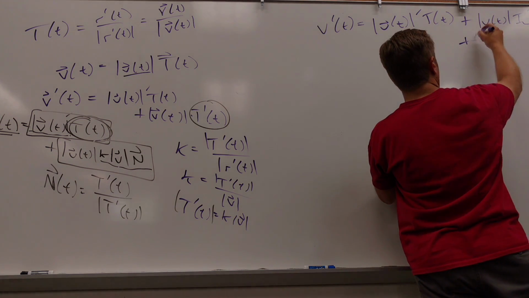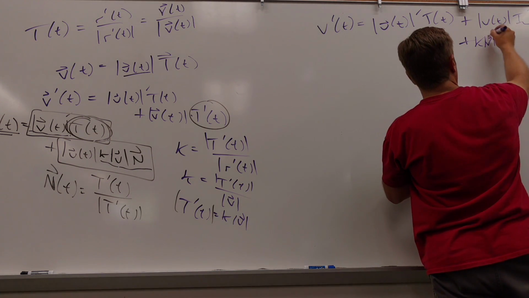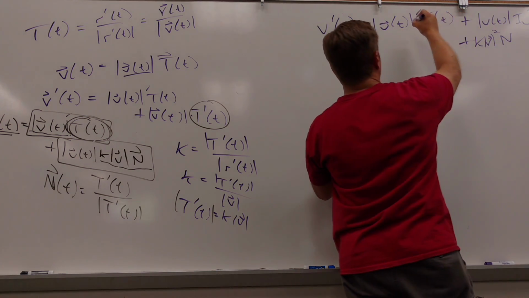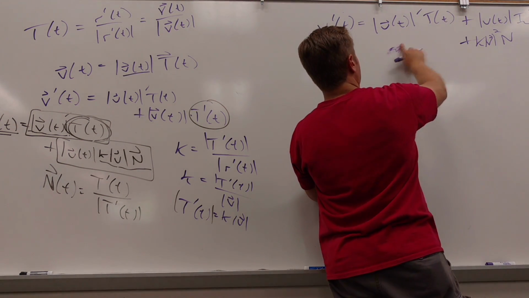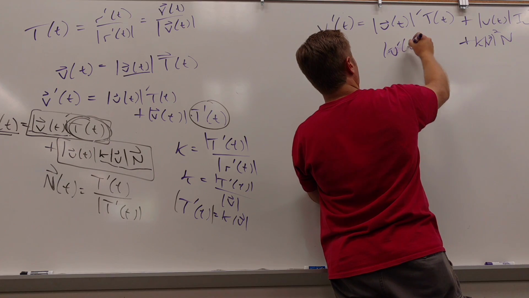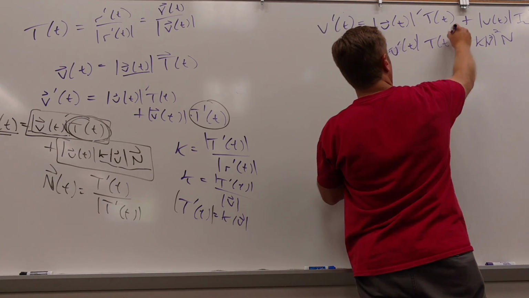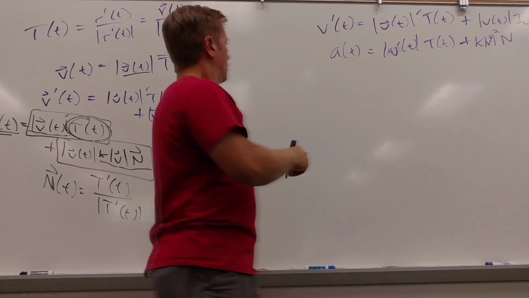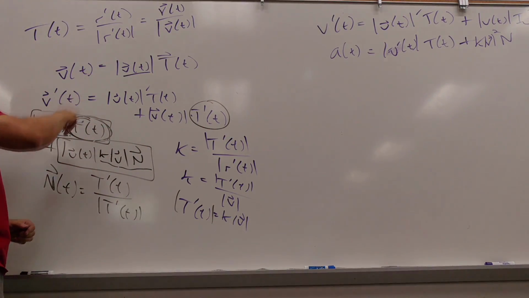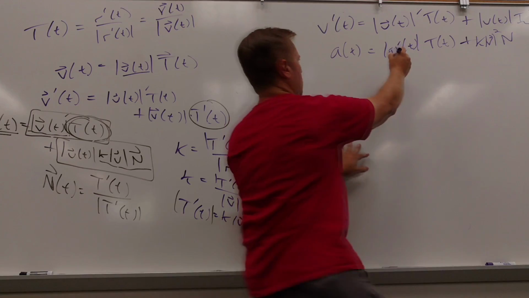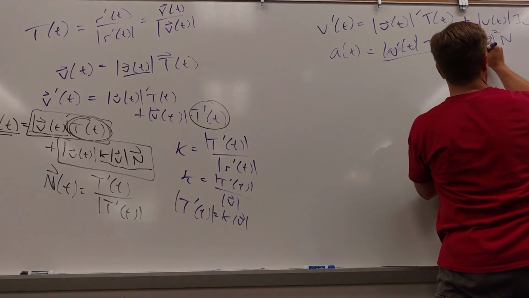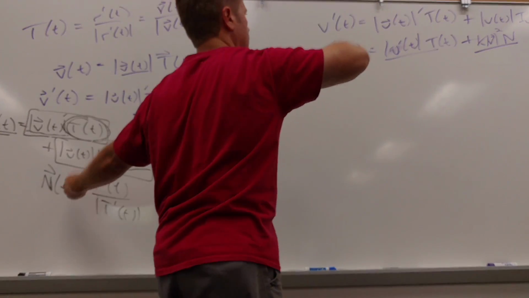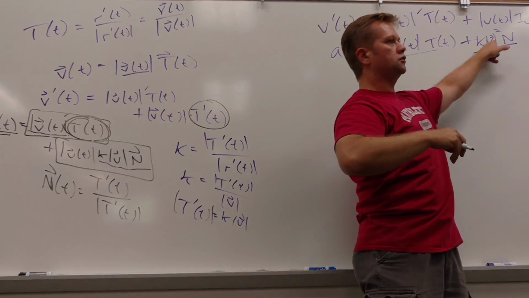There's already another v there, so I got k v squared n, and this would be that. That's the acceleration. And of course this first part will be the tangential acceleration, and this will be the normal acceleration. So you can just combine those two together and make it squared.